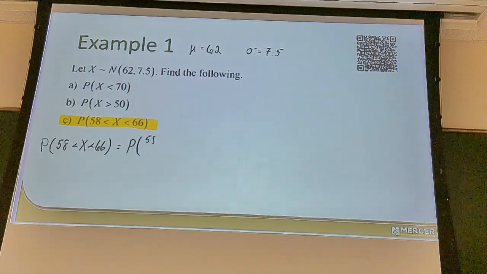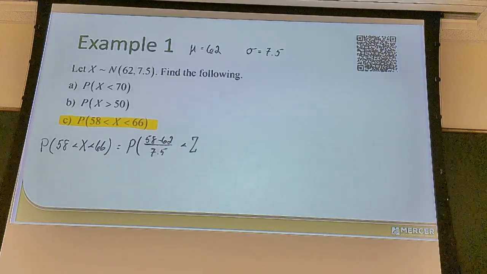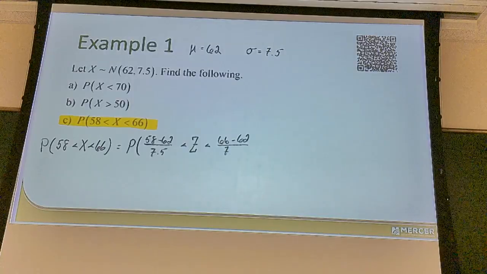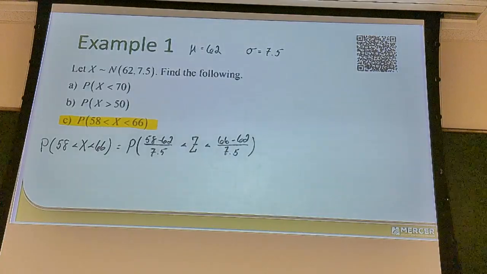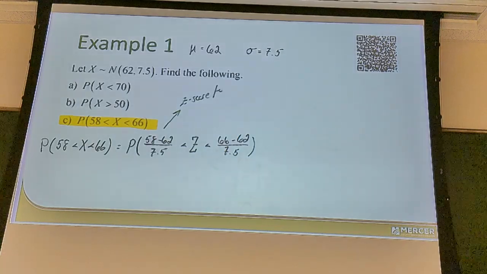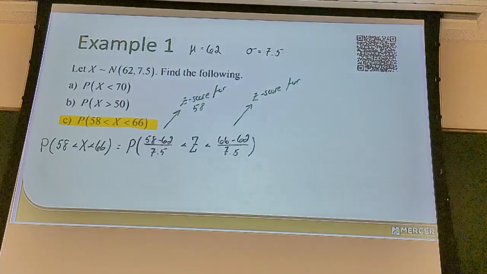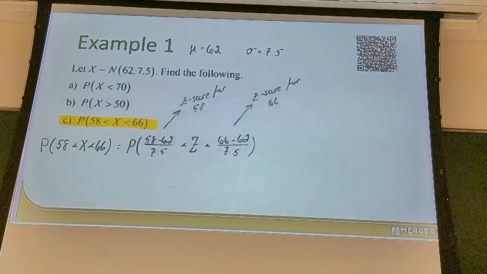Standardize. And so we found the z-scores for 58 and 66, and then what we're looking for is the area between them.